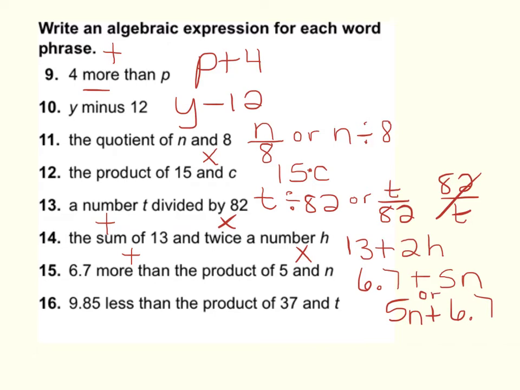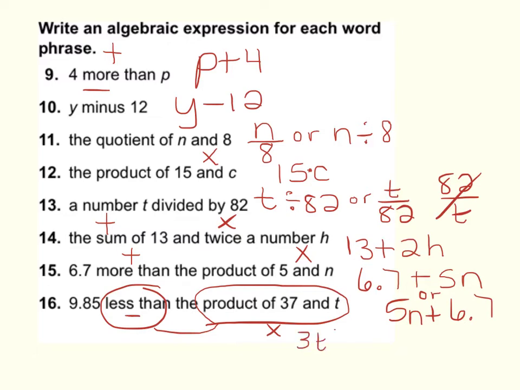And then finally the last one here, we have 9.85 less than the product of 37 and t. Product means multiplication, and less than is subtraction. So first we write the product of 37 and t, and then we subtract 9.85 from that.